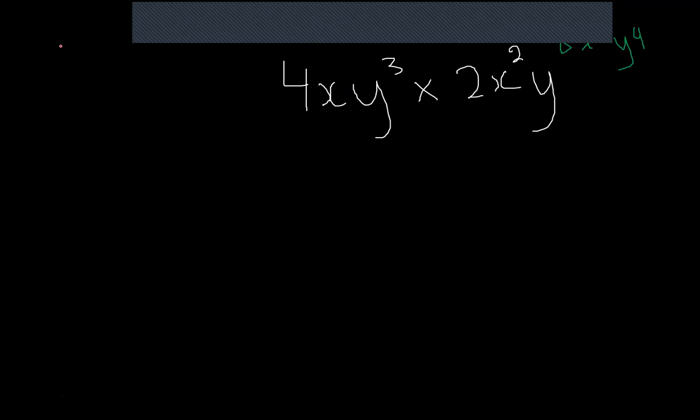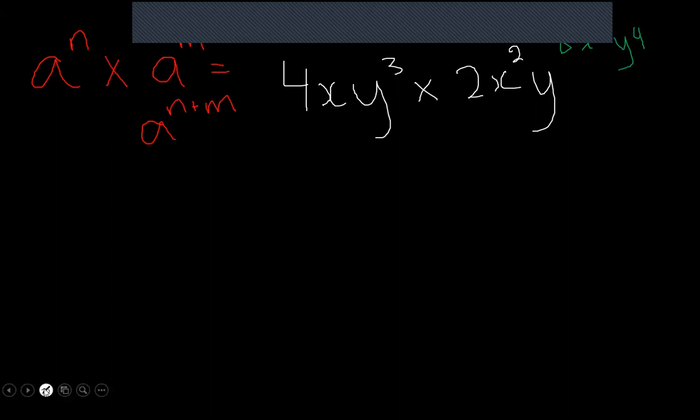Okay, well, let me just tell you. It would be this one: a to the power of n, multiplied by something with the same base. So remember, the bases must be the same. So a to the power of n multiplied by a to the power of m. What you do in this case, you add the indices.